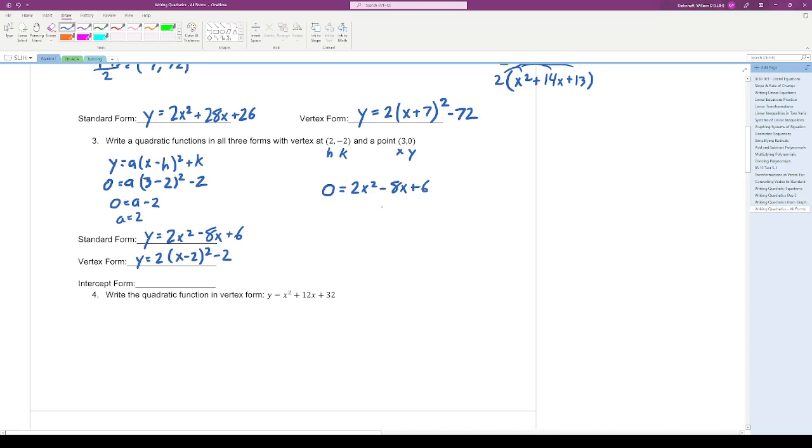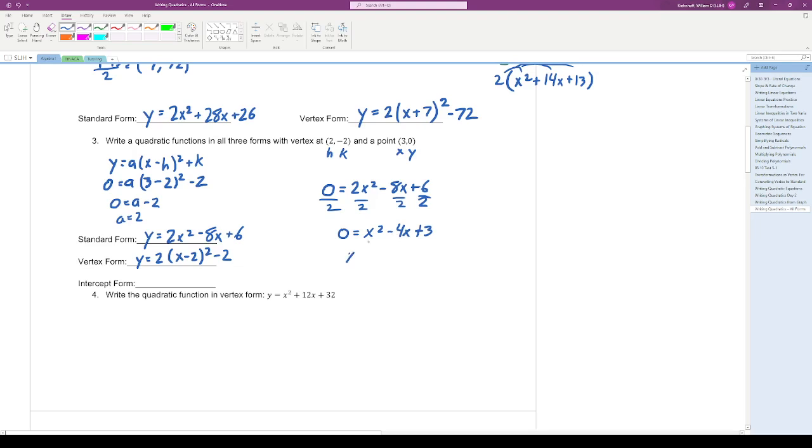It'll make life way easier if we take out the GCF first. So we're going to divide everything by 2 and rewrite this as 0 equals x squared minus 4x plus 3. So we need 2 numbers that multiply to make 3 and add, because this is a plus, to make 4.